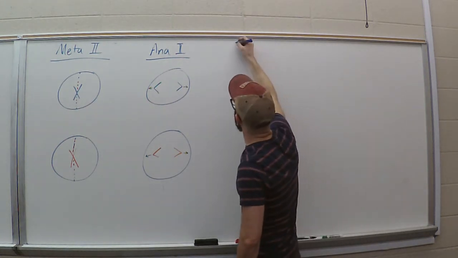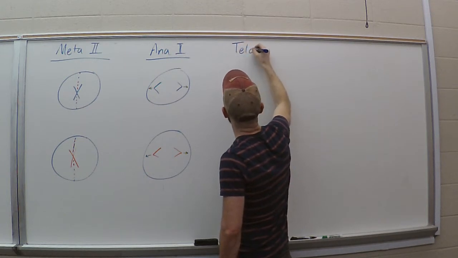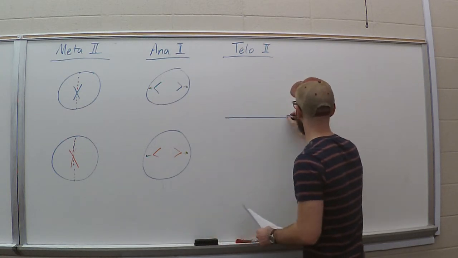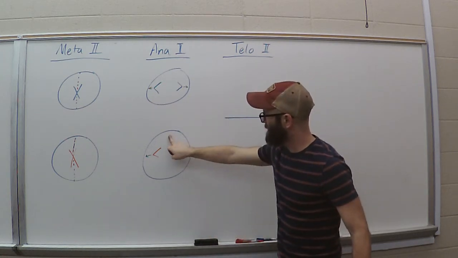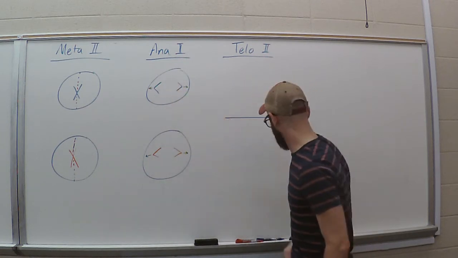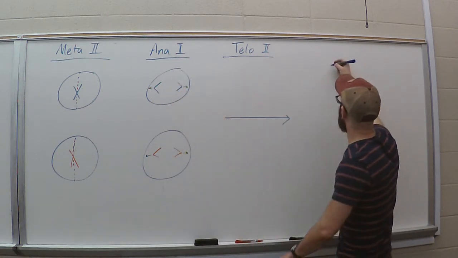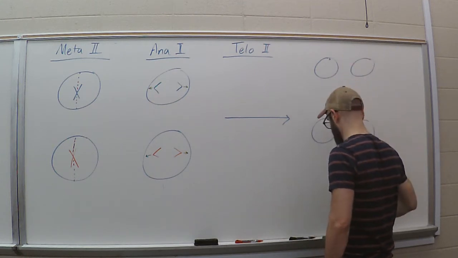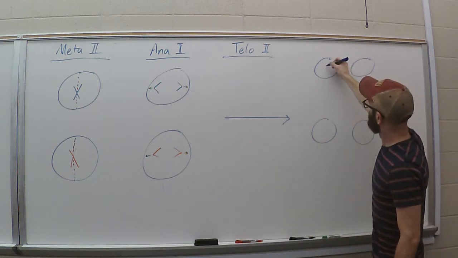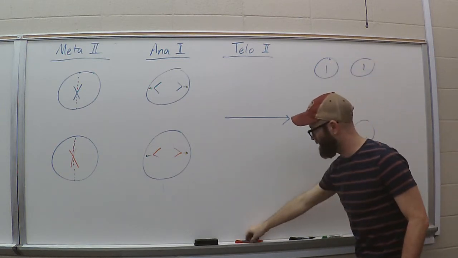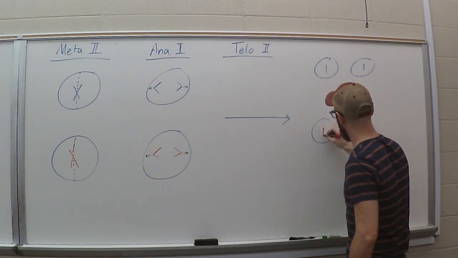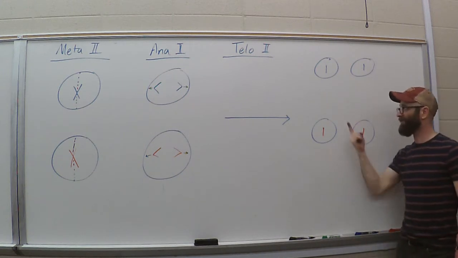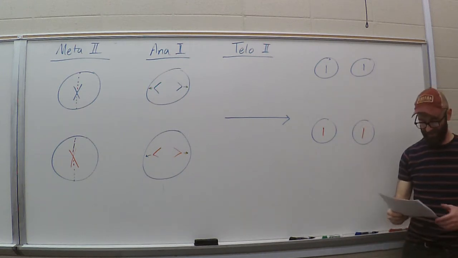And then in telophase 2, this cell is split apart, and then this cell is split apart. So now you have 4 daughter cells, each one with 1 copy of that chromosome. So each of these 4 cells is a haploid cell. They're not diploid anymore.